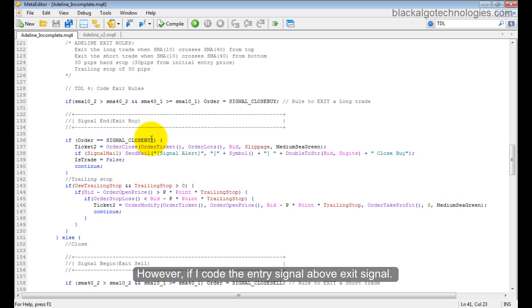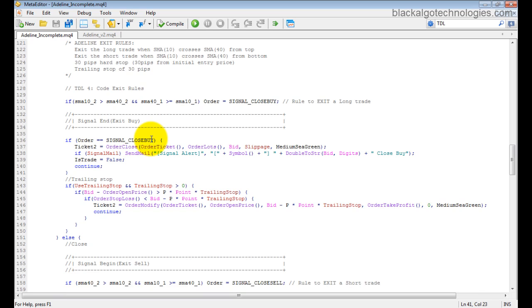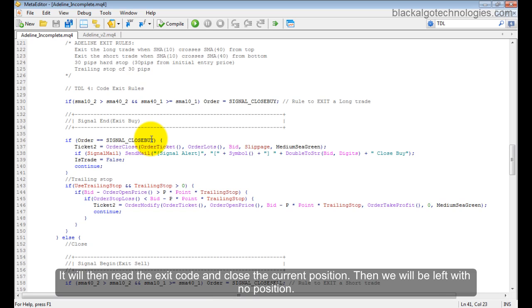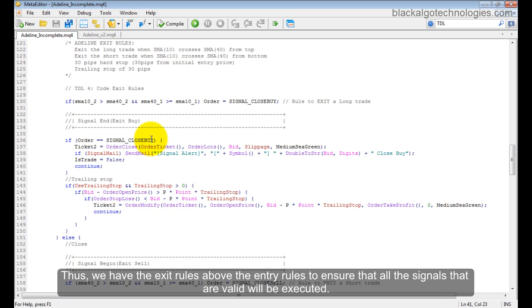Imagine if I code the entry signal above the exit signal. What will happen is that MetaEditor will read the entry signal, but it will be invalid because I already have a position, so I cannot add another position to it. And then it will read the exit signal and close the current position, so you will be left with no position. Hence we have the exit rules above the entry rules to make sure that all the signals that are valid is executed.